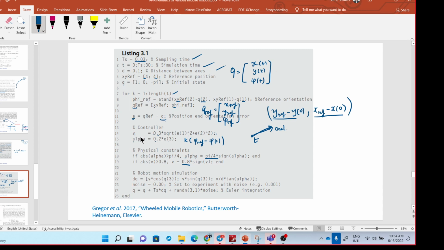Once we have the controller, we feed it into the kinematic equation. dq means h dot, y dot, and phi dot in the global frame. So make sure that you choose the kinematic equation correctly: you choose the kinematic equation to find the velocity in the global frame.